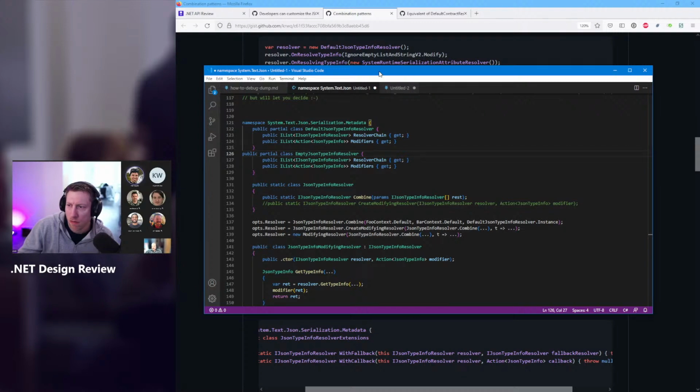Yeah, I would say that modifying metadata from sourcegen kind of defeats the purpose of sourcegen, which is to minimize startup times, because you specifically don't need to do this type of metadata manipulation. But on the other hand, combining resolvers feels like it's a real scenario.